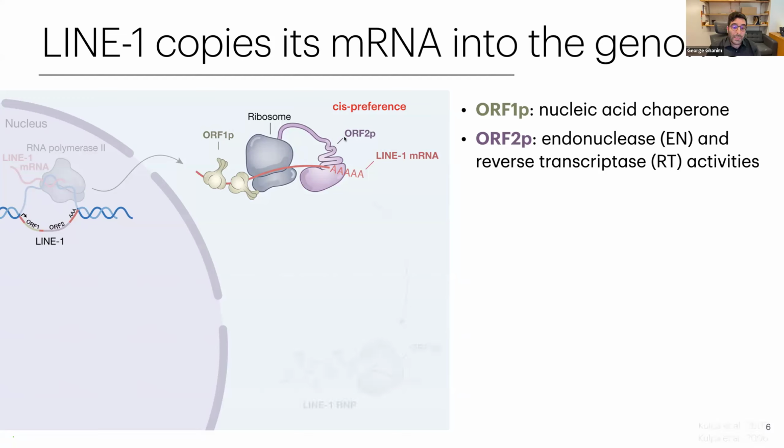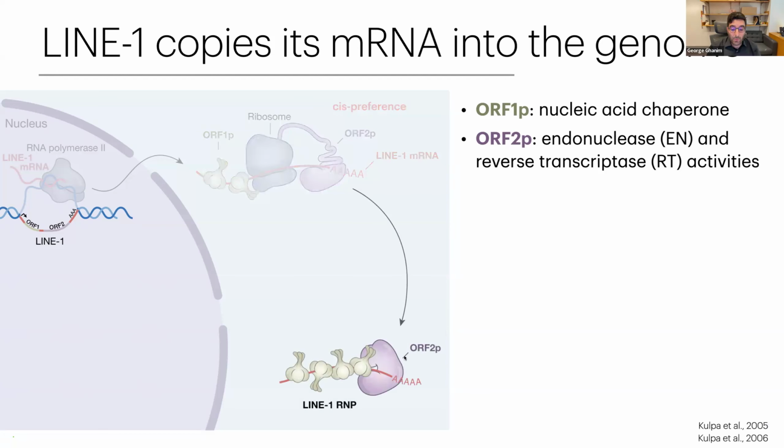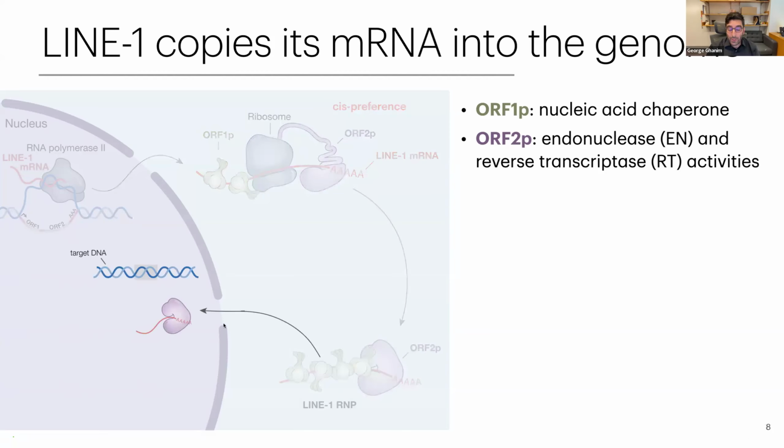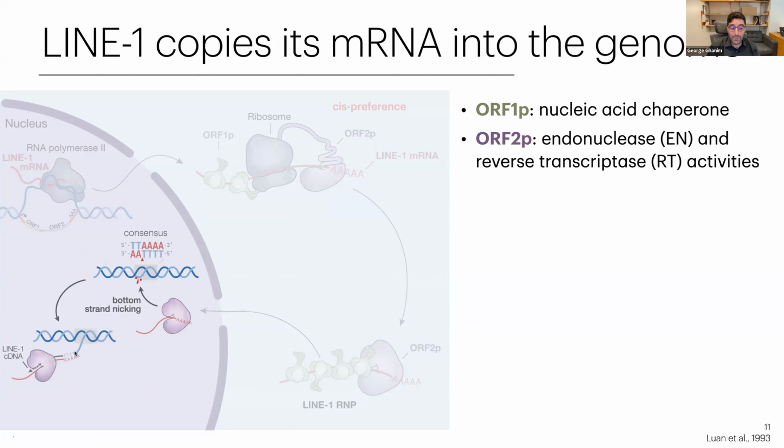Okay. Together, ORF1P and ORF2P with the LINE-1 mRNA will form a ribonucleoprotein complex, or an RNP. And after nuclear entry, ORF2P will nick the target DNA on the bottom strand at this consensus sequence, producing a 3' end, which is used to prime reverse transcription of the LINE-1 mRNA.